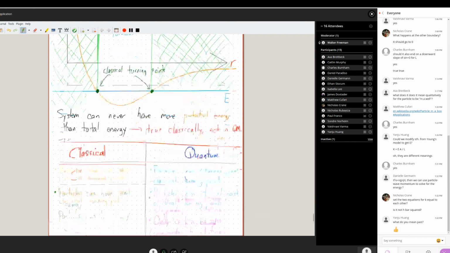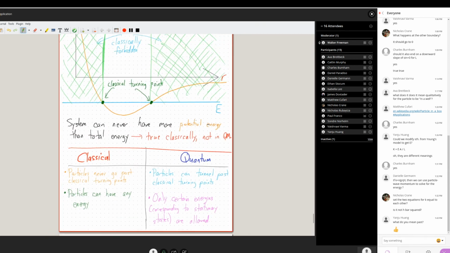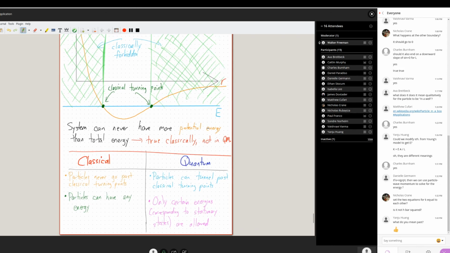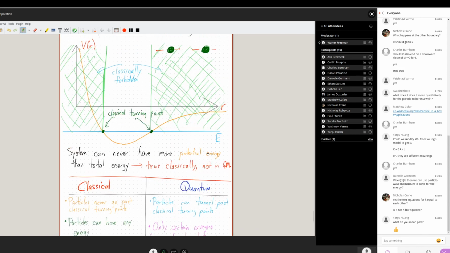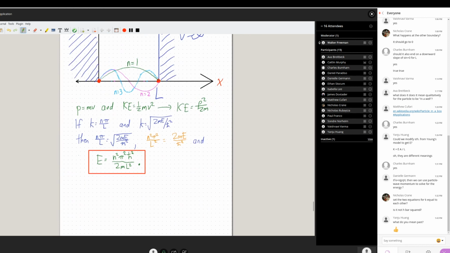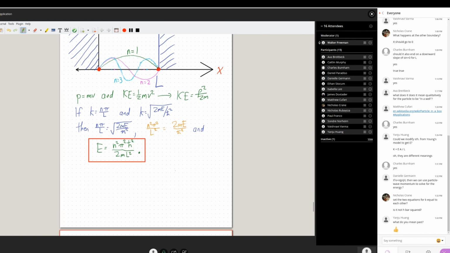So you will now have the solutions for the classical square well, or the quantum infinite square well, which are these. So there's the energies. Whoops, that's the wave number.